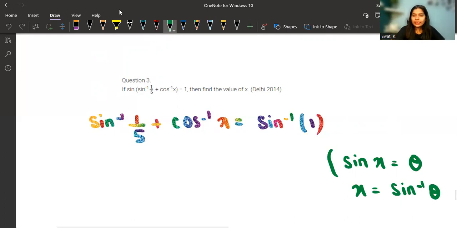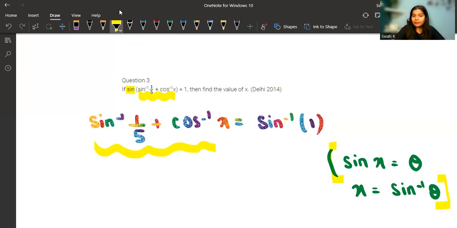So this is the formula. Using this here, this whole part is the x, so sine x equals theta, and x became sine inverse theta. So sine inverse theta is 1. Okay, now we can move ahead.